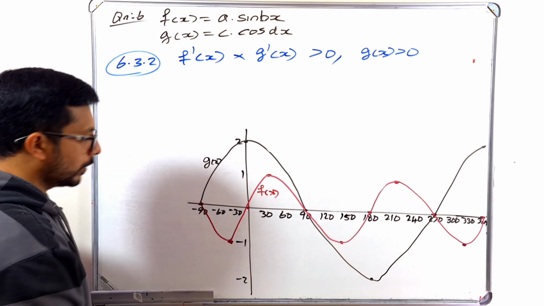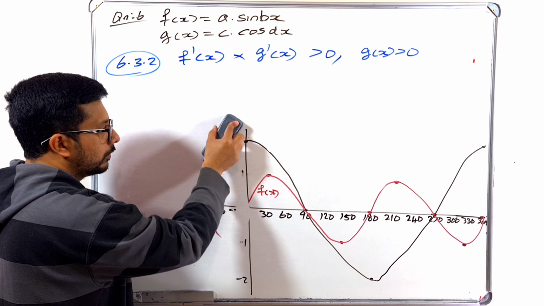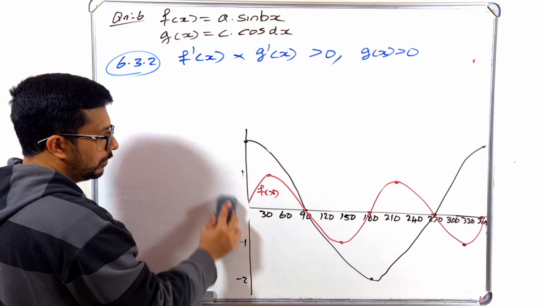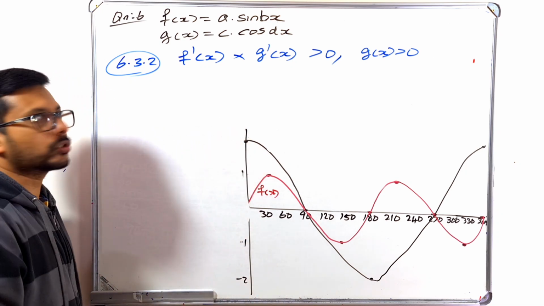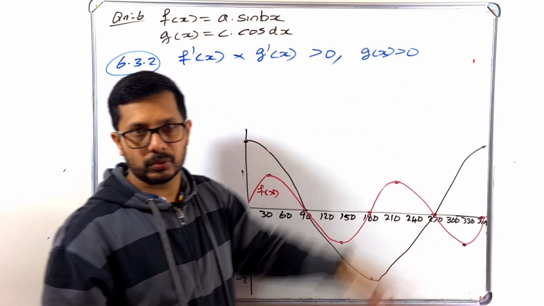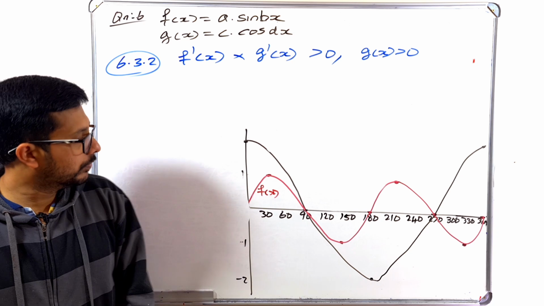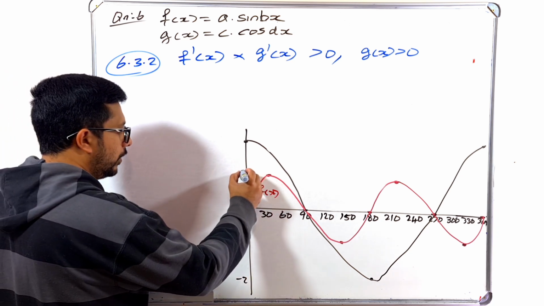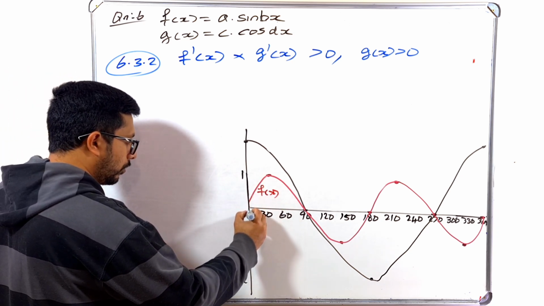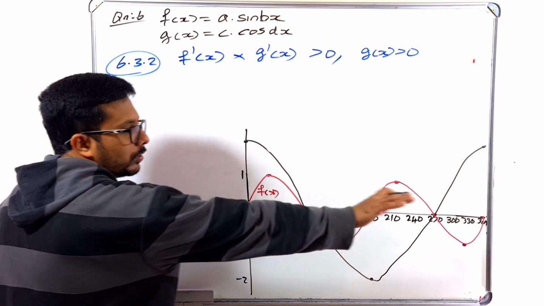There is no need to worry about this part, because of g of x greater than 0. So here we have only from 0 upward.